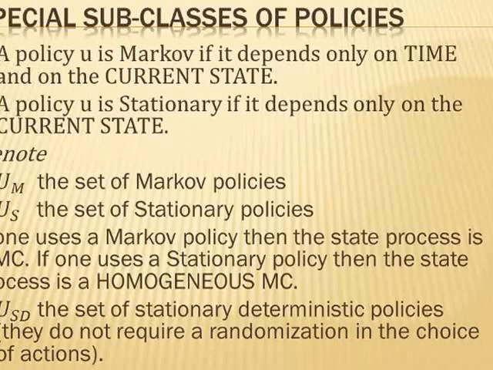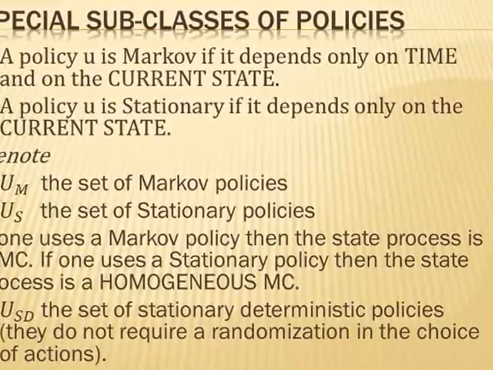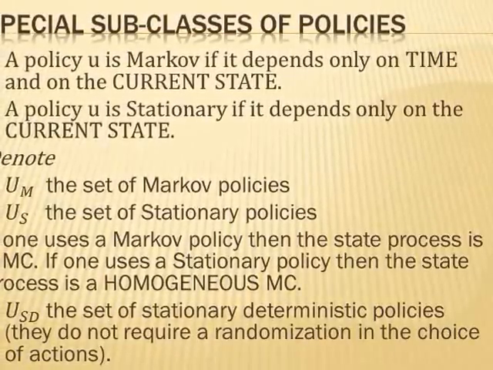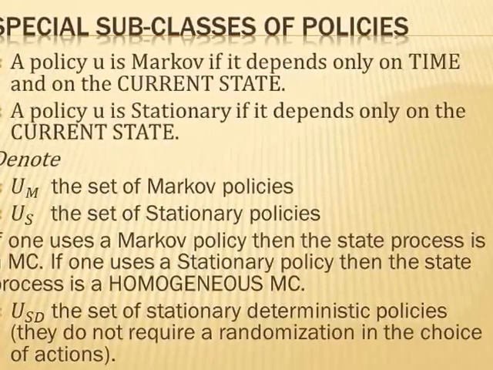We shall also introduce the stationary deterministic set of policies, USD, in which the choice of actions at different states does not involve randomization. These policies are like tables. They say, we are at state x, and this is the action, which is a function of x, that we shall use. So there is no randomization here anymore.